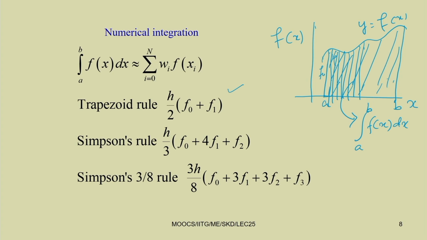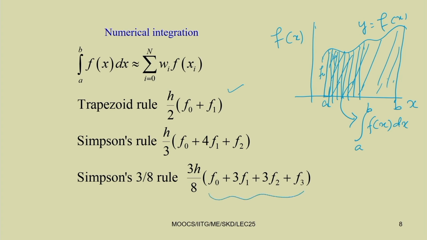Similarly, one can use Simpson's rule to find this area also. It will be h by 3 into f0 plus 4 f1 plus f2. By taking 3 points, we can use Simpson's rule, this is Simpson's 1/3 rule. Otherwise, one can use Simpson's 3/8 rule also to find the area.